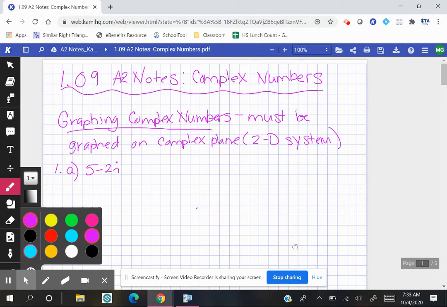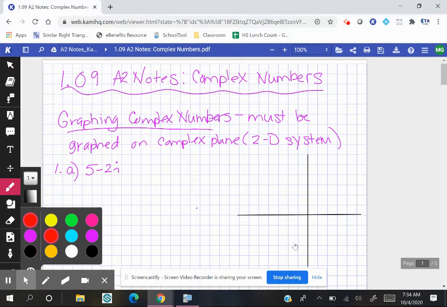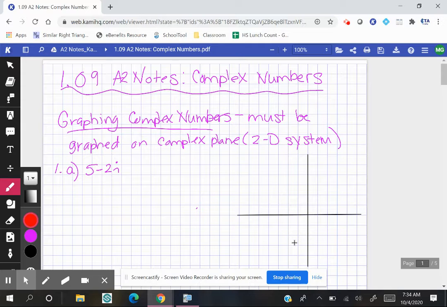So let's draw our axes over here. And there's our y-axis, and there's our x-axis. So in order to graph them, our x becomes our real axis, and the y-axis becomes our imaginary axis.